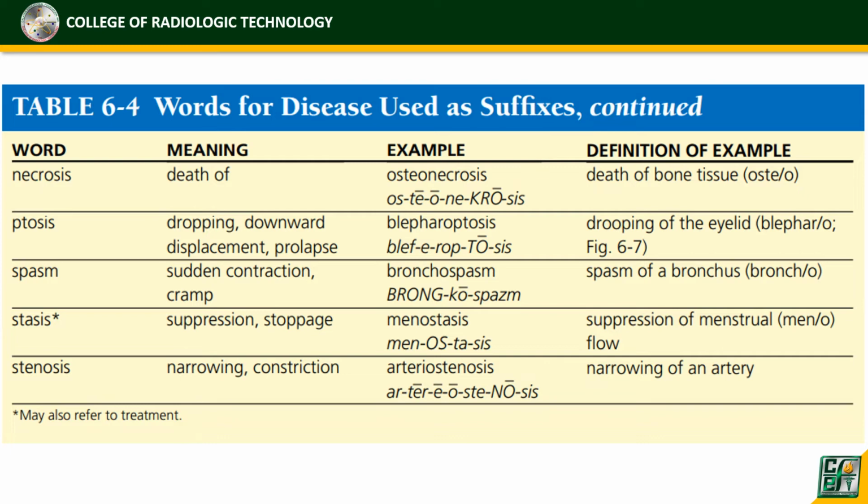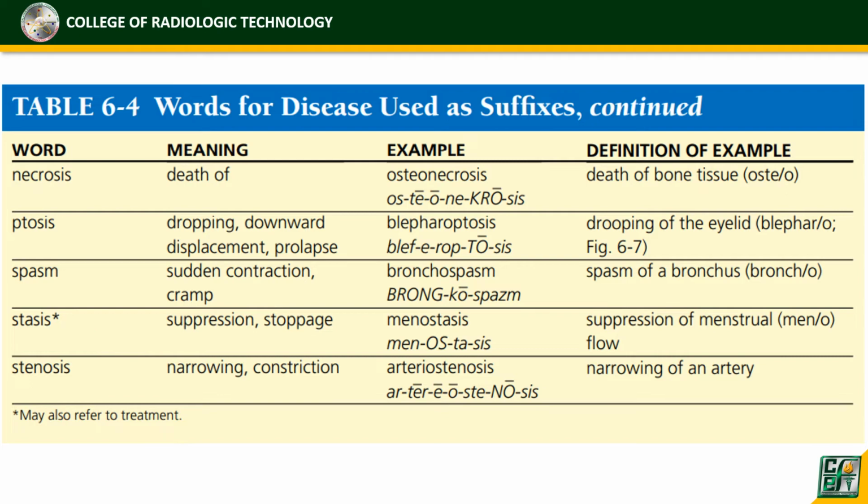Blepharo meaning eyelid. Then spasm, sudden contraction or cramp. So bronchospasm meaning spasm of the bronchus. And the opposite of bronchospasm is bronchiectasis, the dilation of the bronchi. Then we have stasis, suppression or stoppage, such as menostasis, suppression of menstrual flow.